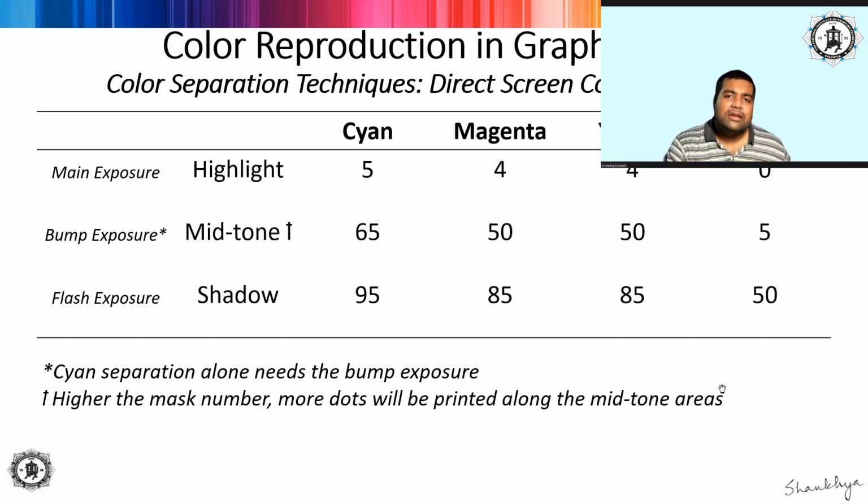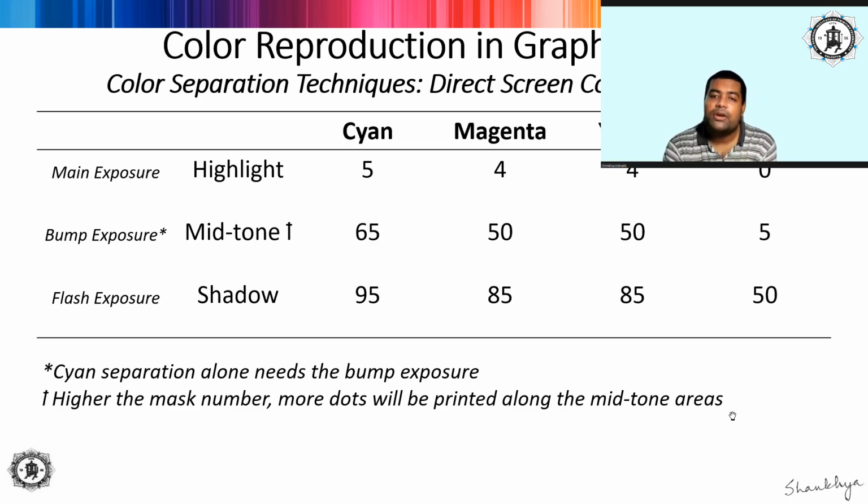Now, with the equipment that was just described, it is quite easy to make the bump exposure with the main exposure timer and the filters in position, then the flash exposure with the flash timer and the flash lamp, and then the main exposure with the main exposure timer, not changing the main exposure timer, right? Since the timers were set before darkening the room, nothing was changed except the filter position.